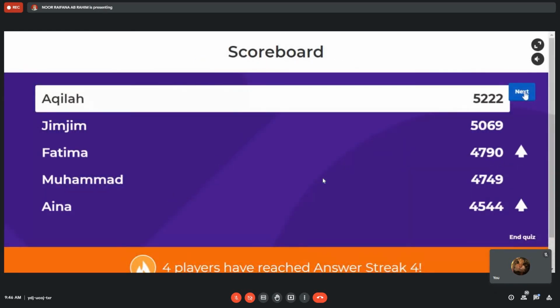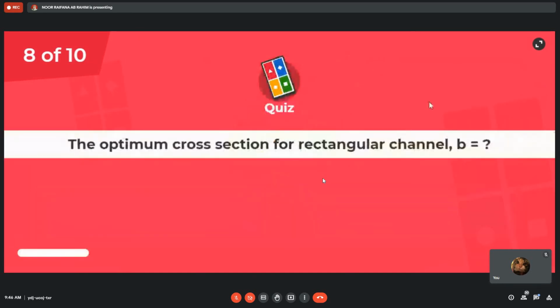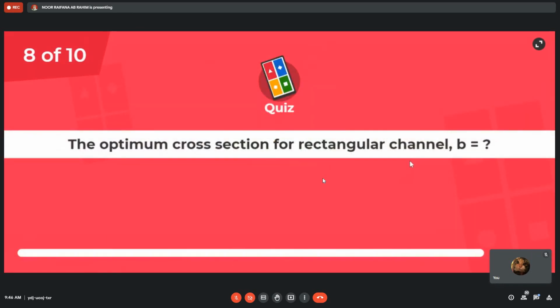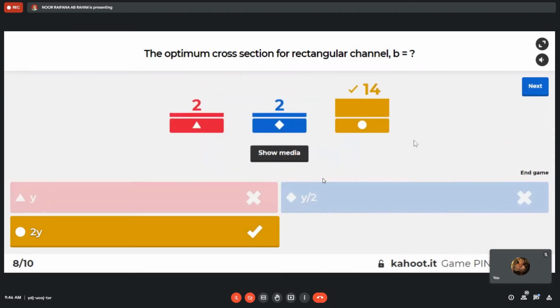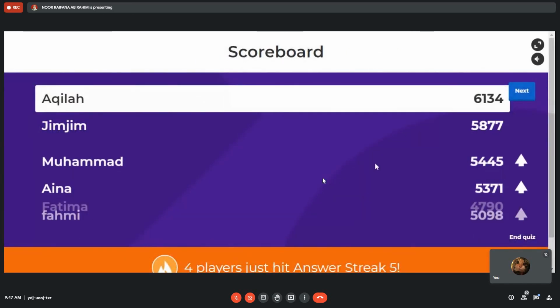Okay, Akila masih lagi menjuarai carta. Okay, banyaknya betul. Maksudnya betul-betul dengar lah apa saya ajar tadi.